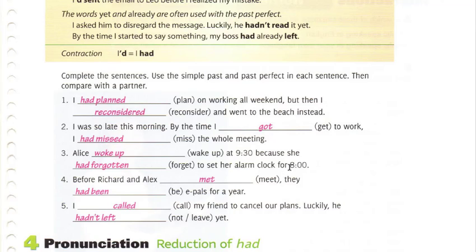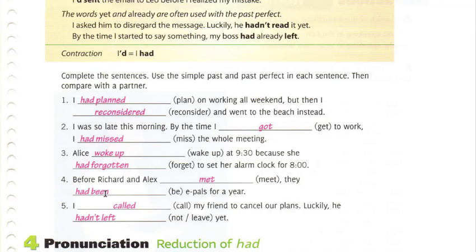Number 4. Before Richard and Alex met, they had been e-pals for a year. So we changed the word meet to met, which is an irregular verb, and it's in simple past.